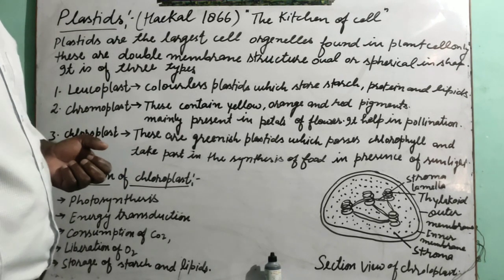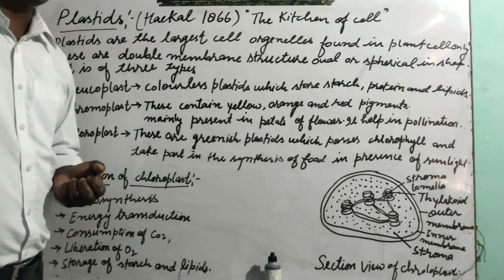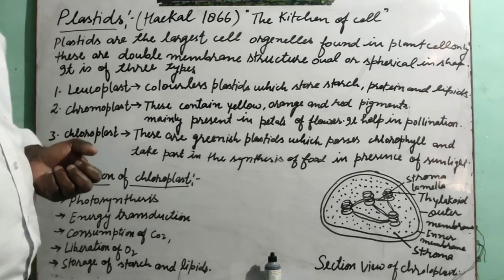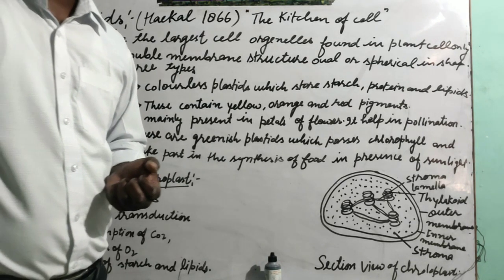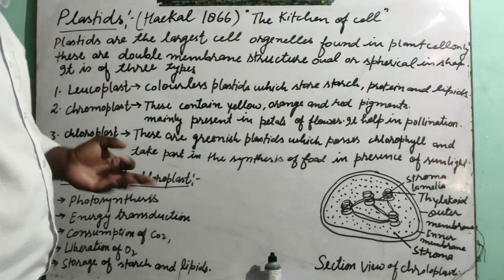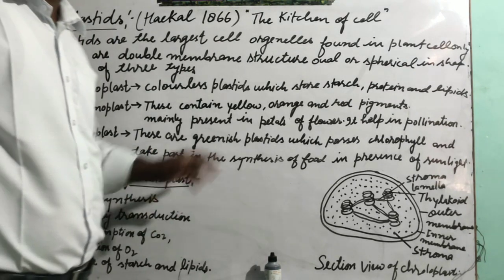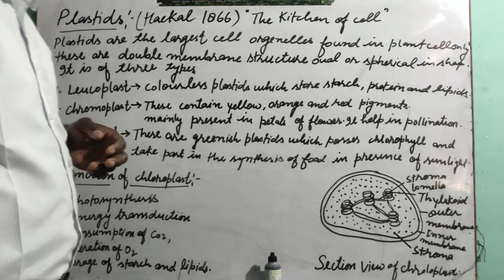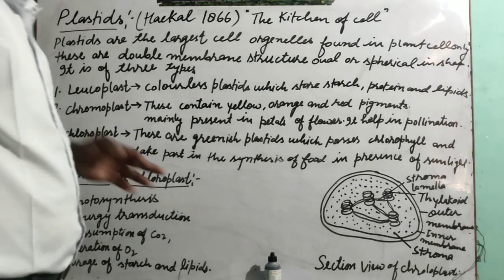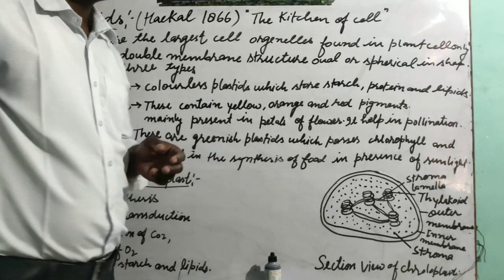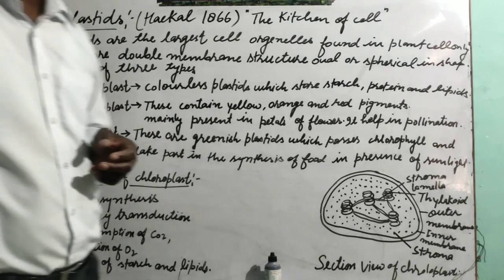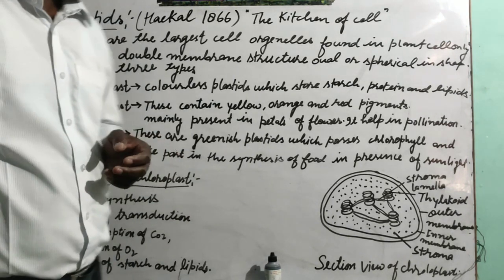The most important function of chloroplast is photosynthesis. Photosynthesis is the process in which plants prepare their own food in the presence of sunlight with the help of carbon dioxide and water.